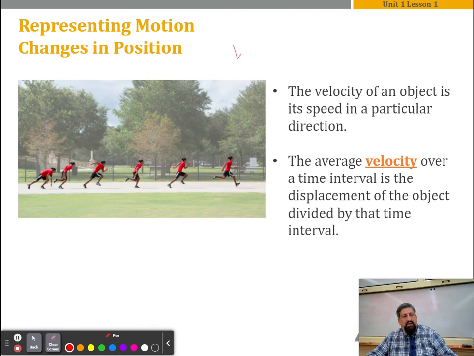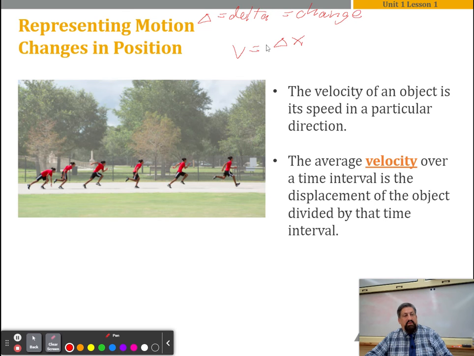Okay, velocity equals, remember displacement is a change in position. So velocity is a change in position. Delta is this triangle. This triangle is delta, and delta means change.